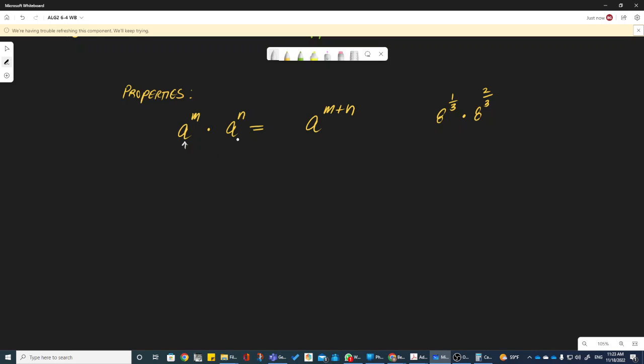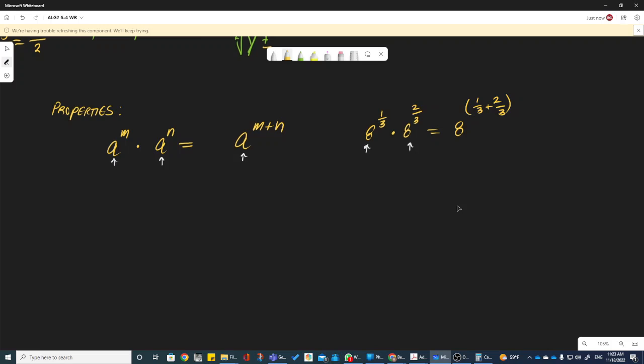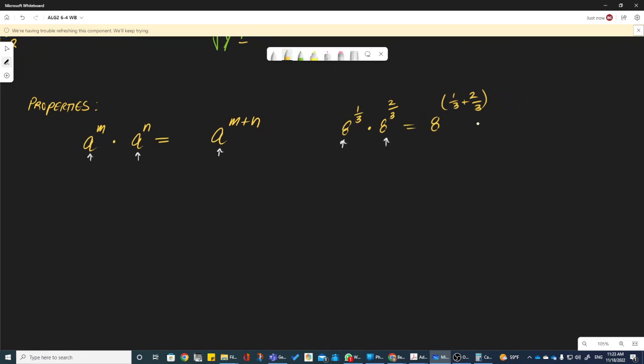They gotta have the same base. So this is equal to 8, and then you add 1 over 3 plus 2 over 3. So this becomes 8 to the power of 1 plus 2, it's 3, and then it's the same denominator. So 3 over 3, it's 8 over 1. Okay?